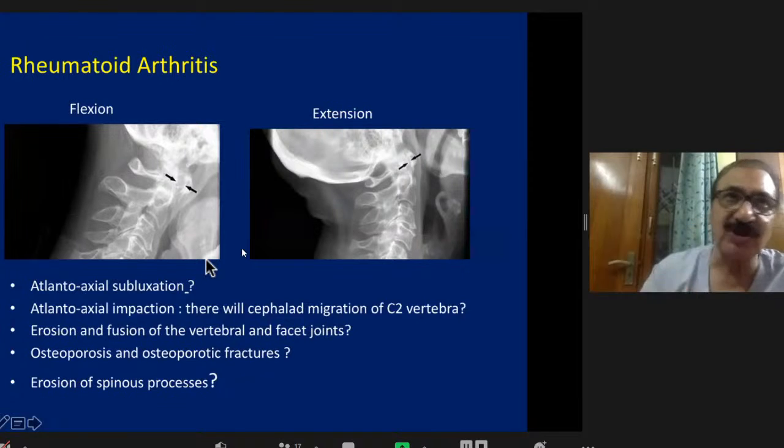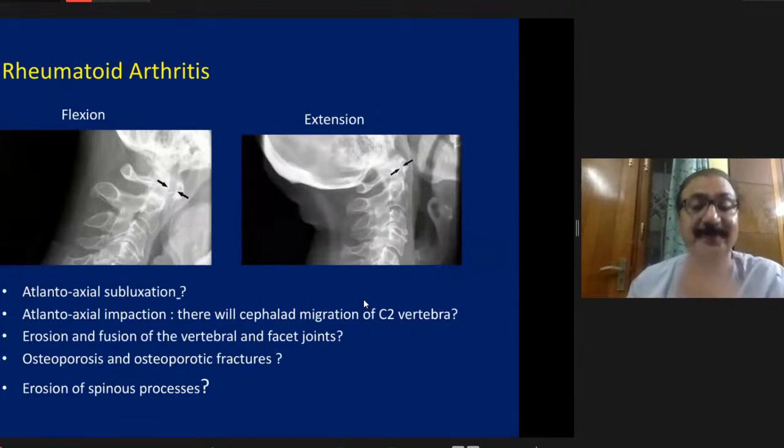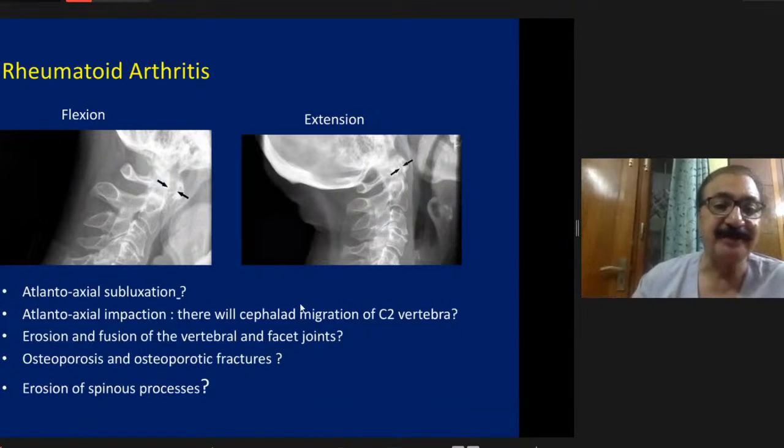A word of caution: while operating on any patient of rheumatoid arthritis for some other problem, like a hip joint disease, an X-ray of the cervical spine must be done to ensure that the patient doesn't wake up with quadriplegia.